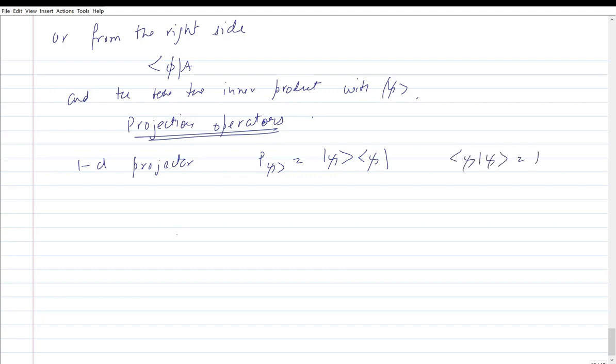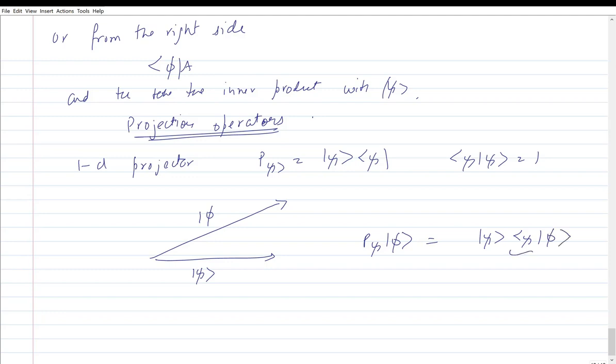But essentially the idea is the following. I have a vector phi, and I want to project it in this particular direction over here. So what do I do? I'll project it using the projection operator. That's going to give me, once again, a number, so I can write it down as I just take the number over here.